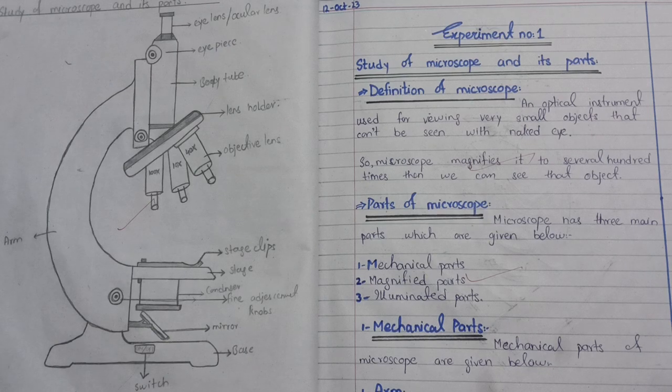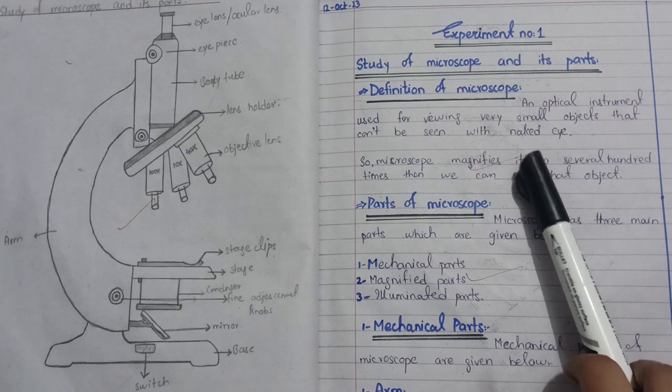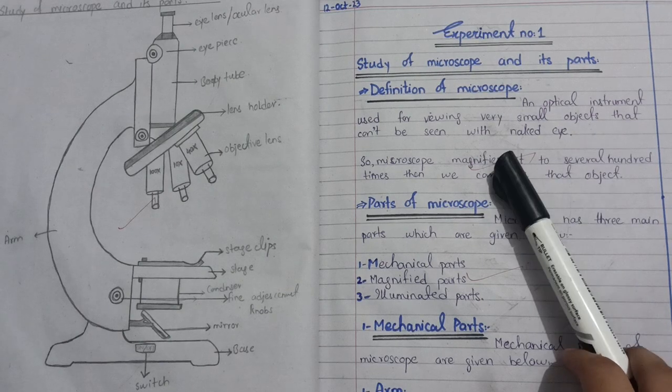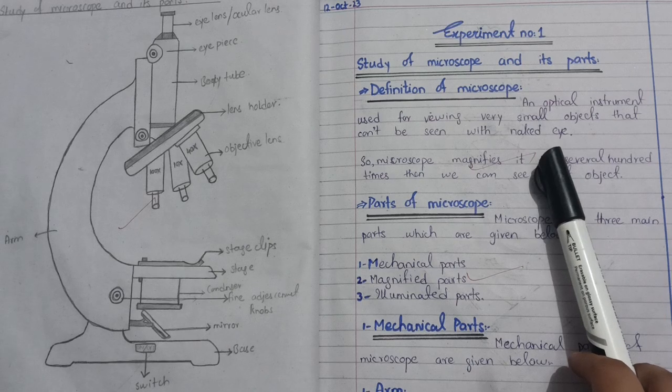So let's start our lecture. The first thing is that we are going to define the microscope, what it actually is and why we are studying it. The definition of microscope is given here. It is an optical instrument used for viewing very small objects that cannot be seen with your naked eye, like bacteria, various kinds of viruses, fungi, algae.